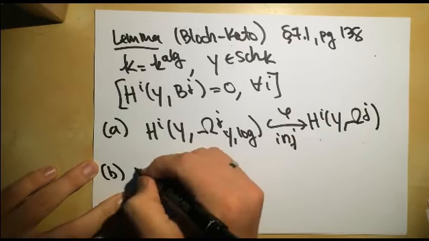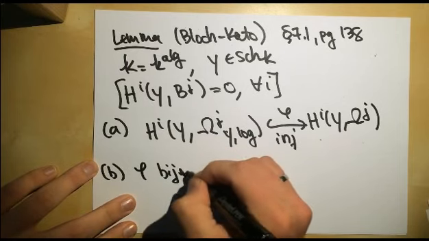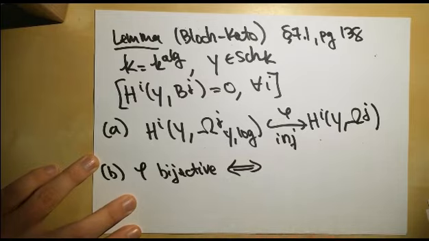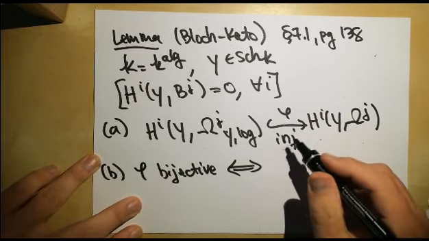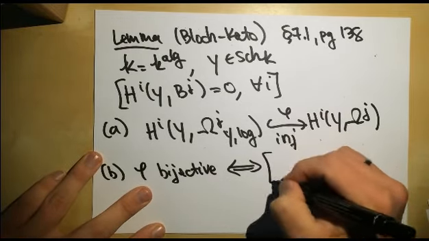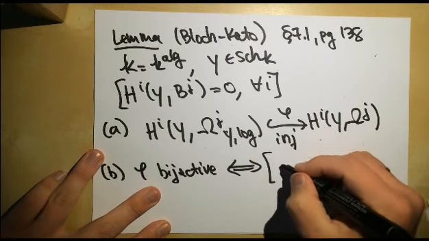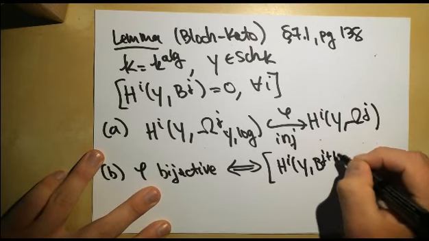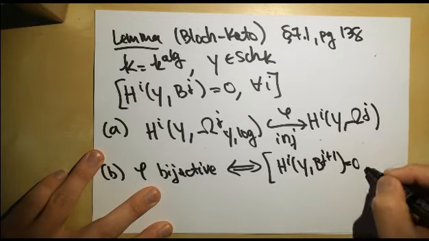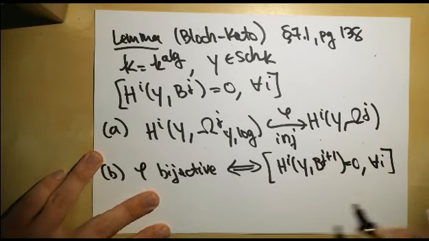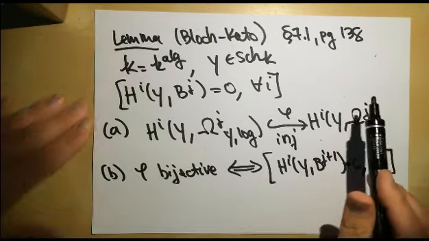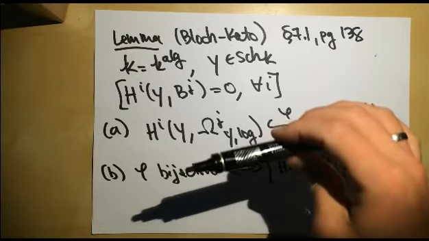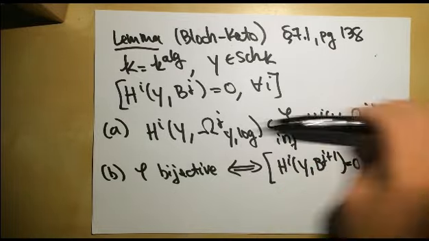If phi is bijective, this is true if and only if you get the next level of vanishing here. So you'll get the hypothesis that H^i of Y with j plus 1 is equal to 0, for all i. Okay, so one of the things that you'll do is take this condition, and then we'll get that this map's injective.